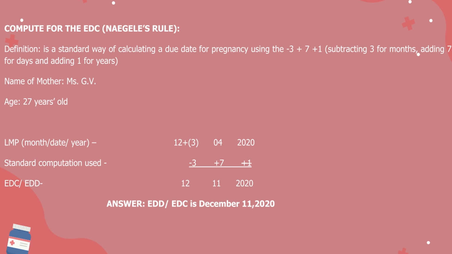And the EDD, that's what we're trying to compute, is 12/11/20. So in trying to compute for this, since the LMP is already given and the standard computation is also given, which is 3, 7, and 1, we just have to add it. So we'll start from the left side. So 3 minus 3, that wouldn't really work.